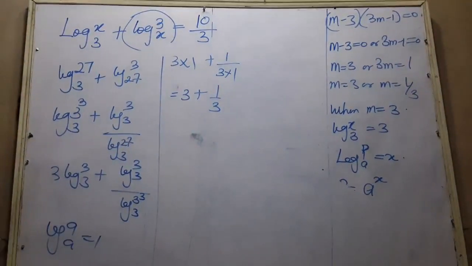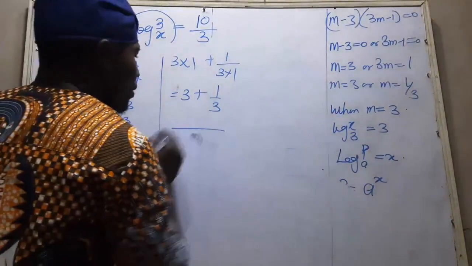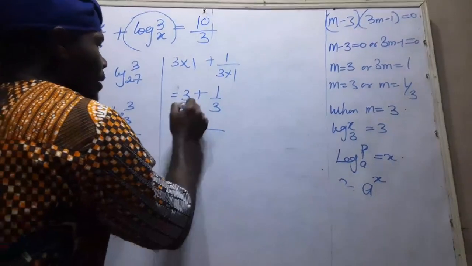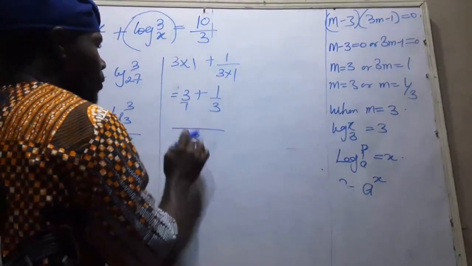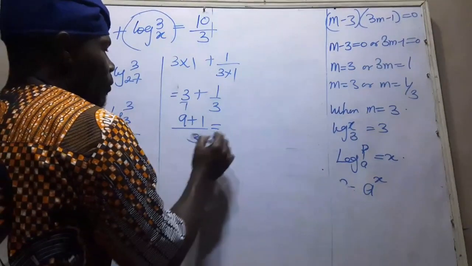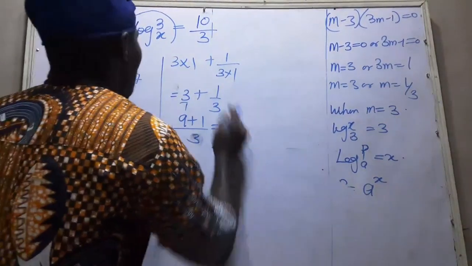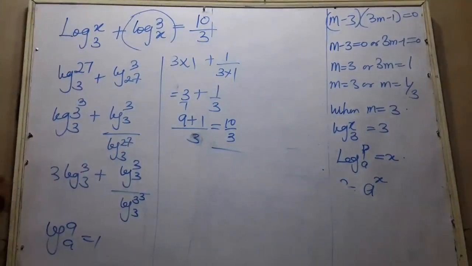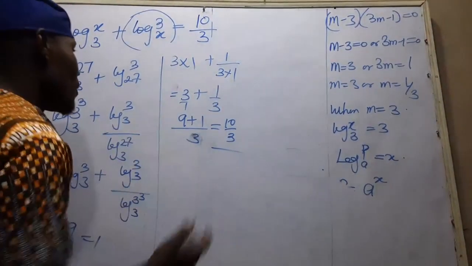So now let's find the LCM, which is equal to 3. So you have 9 plus 1, therefore, we have 10 over 3. So it shows that our answer to this question is correct.